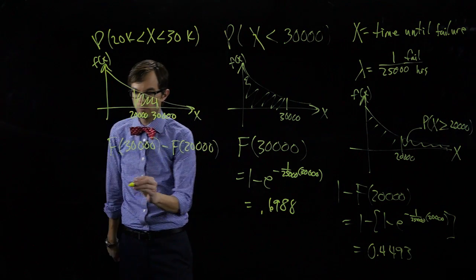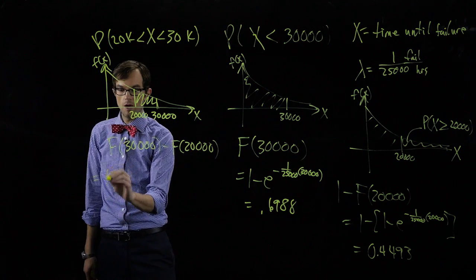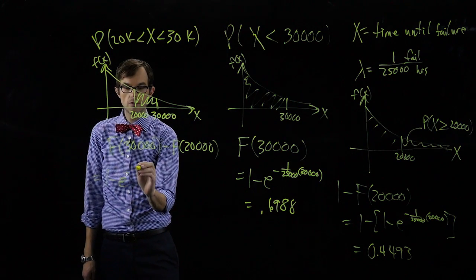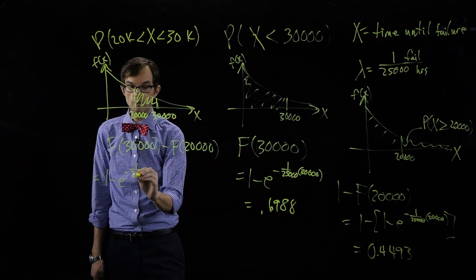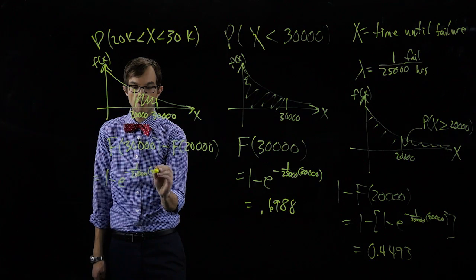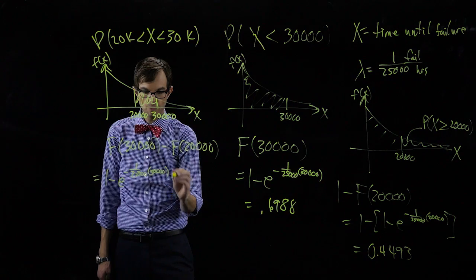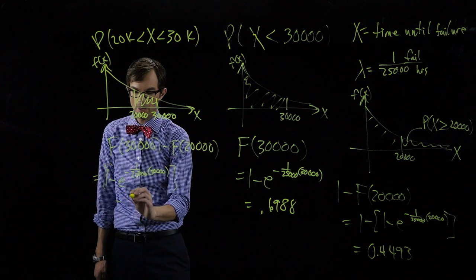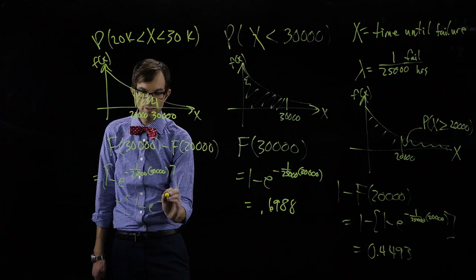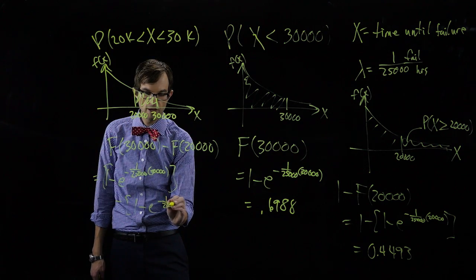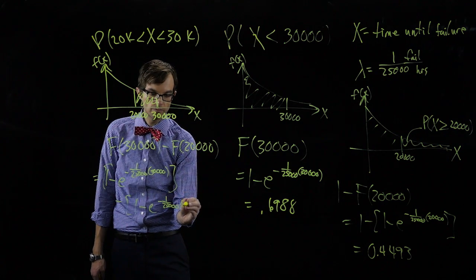So we can work this out. This is 1 minus e to the minus 1 over 25,000 times 30,000, which we found over here. From that, we're going to subtract off 1 minus e to the minus 1 over 25,000 times 20,000.